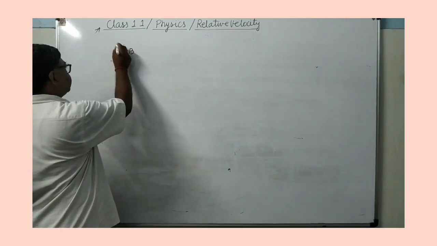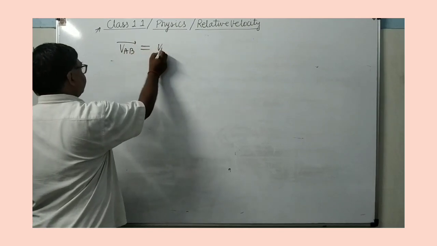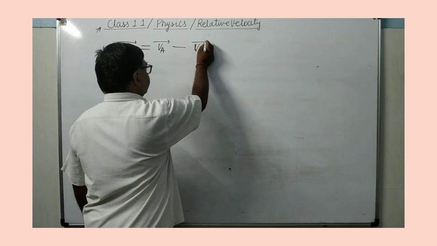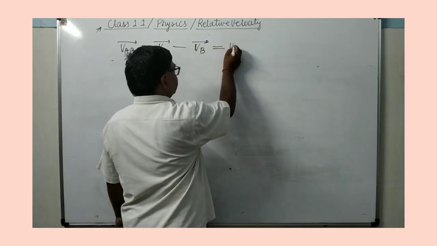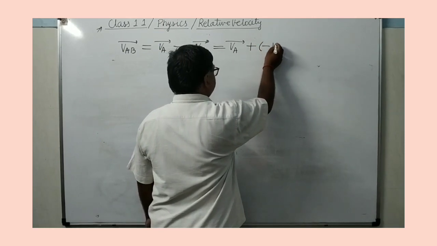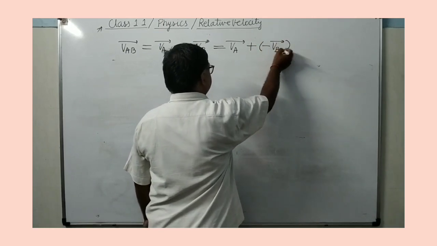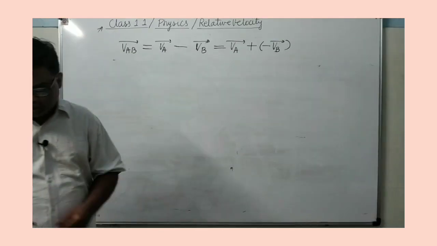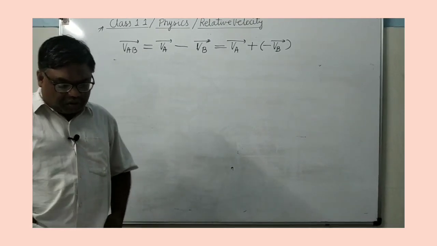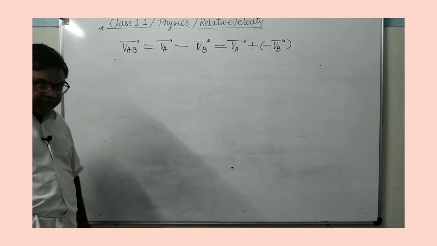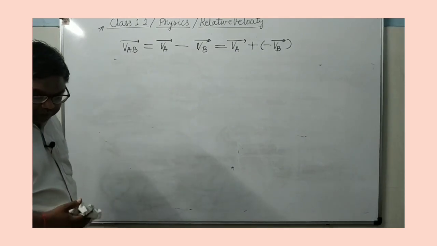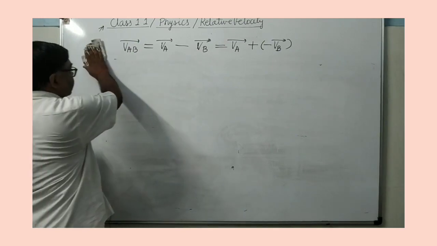Whatever be their direction of motion, vector VAB will always be obtained this way, which I also say is to find the resultant of the velocity vector of A and the negative velocity vector of B. Now see here, I am going to find the relative velocity of two moving bodies inclined to each other.